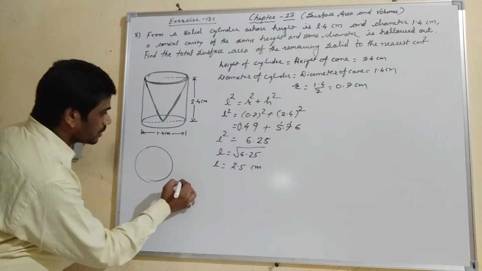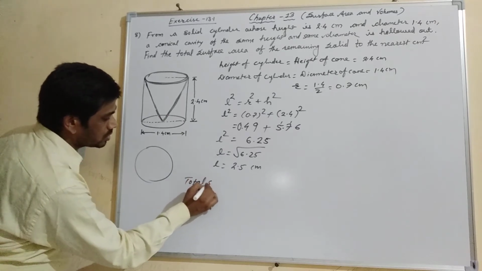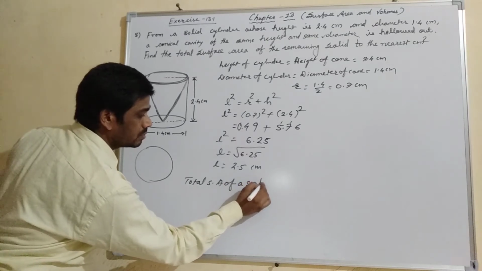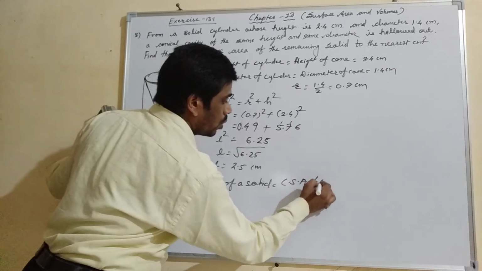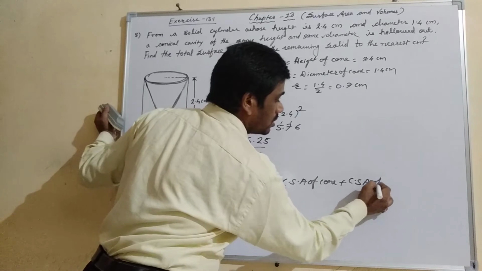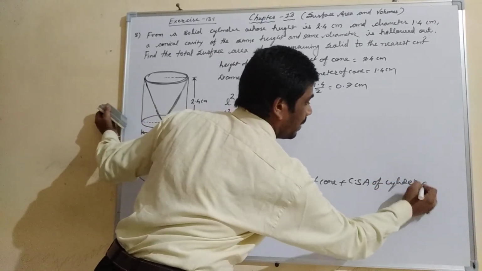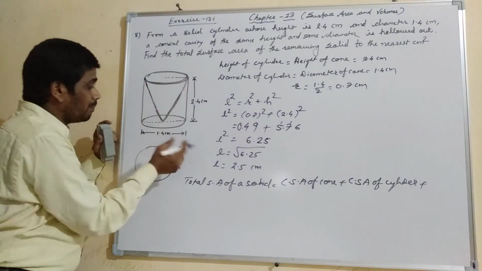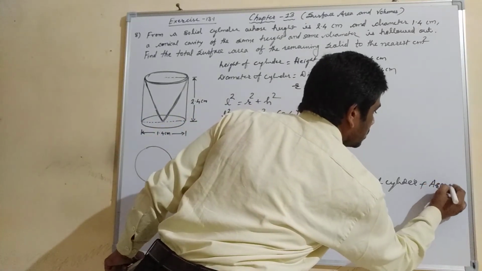Now we write the total surface area. Total surface area of the solid equals CSA of cone plus CSA of cylinder plus area of a circle.